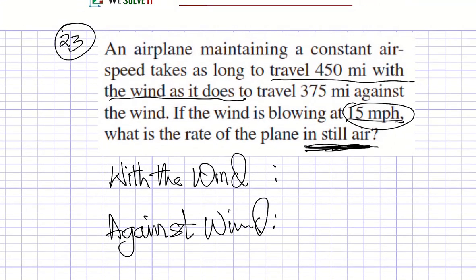So we're gonna have to use this. You remember I said that rate is equal to distance over time, but time is the same, so we get time equals distance over rate, okay? So this is gonna be the same for both of them since the time is the same.